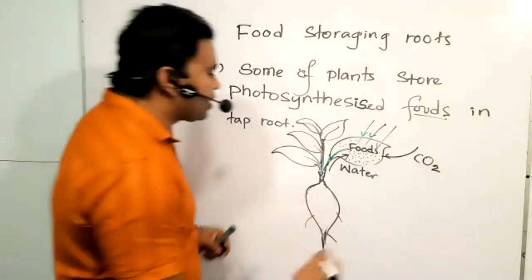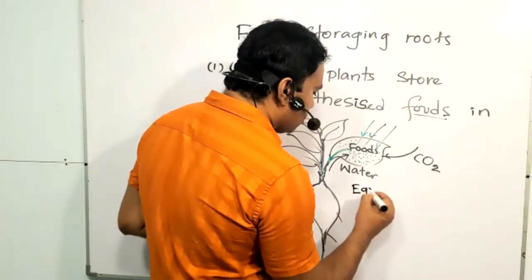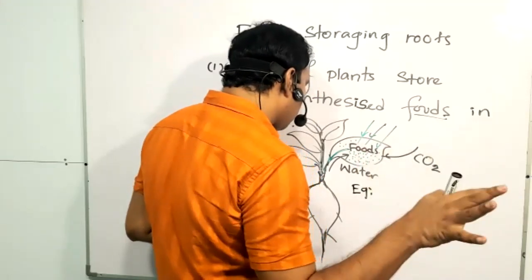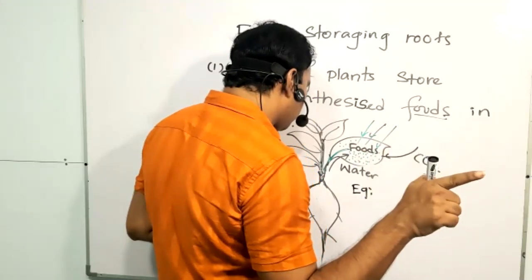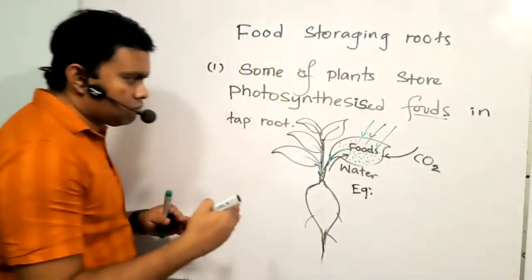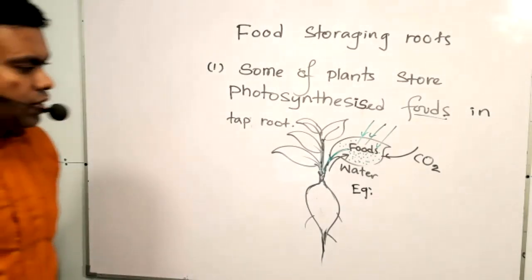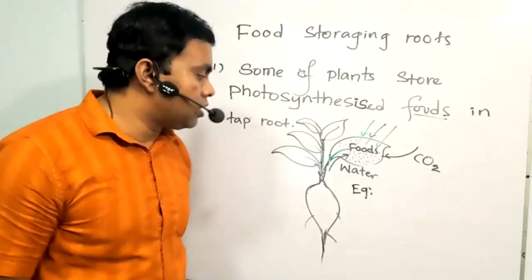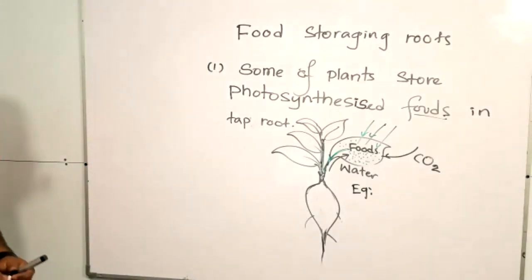So you have to write examples. Carrot, radish, beetroot. Yes, good. Now take down this.